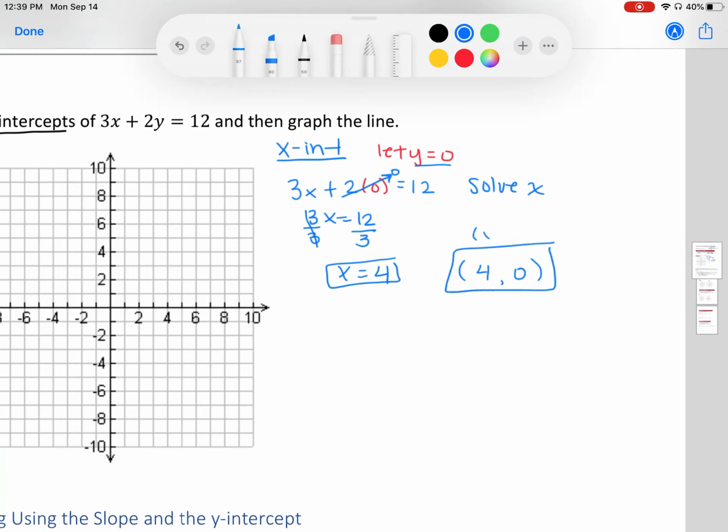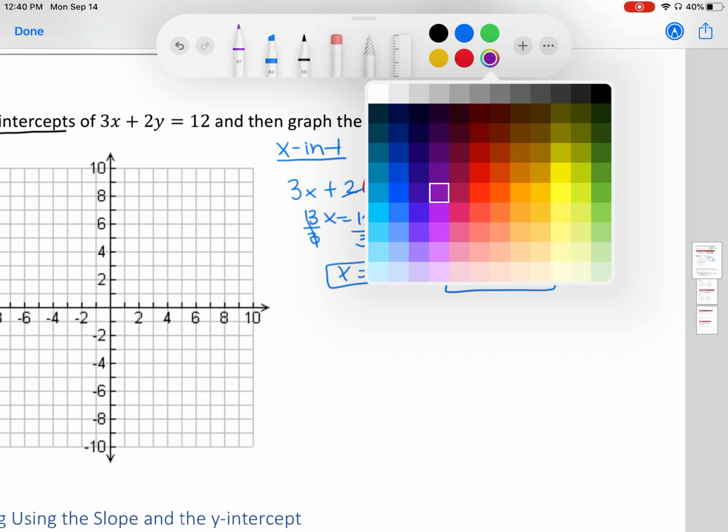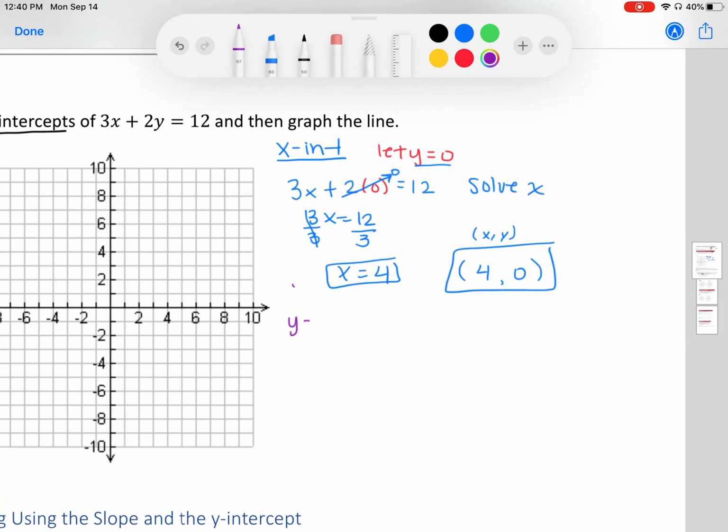Remember, your point's always given as (x, y). Let's find the other intercept. To find your y-intercept, same idea, you're going to let your other letter be 0. So this time, let x equal 0.